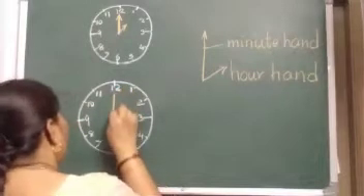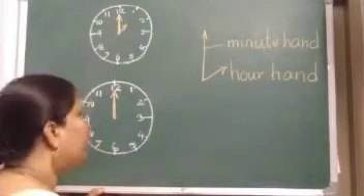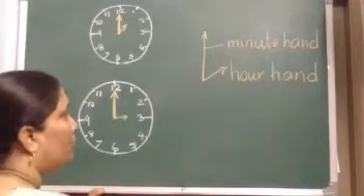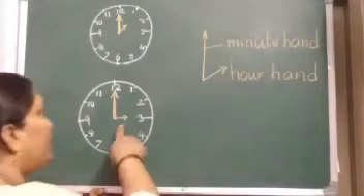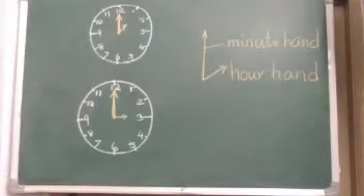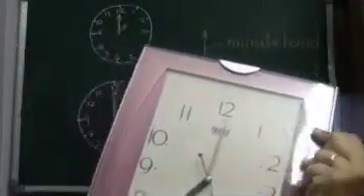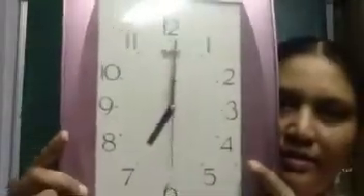Now here the long hand is on 12 and the short hand is showing 3. What is the time? 3 o'clock. Now see. It's 7 o'clock.